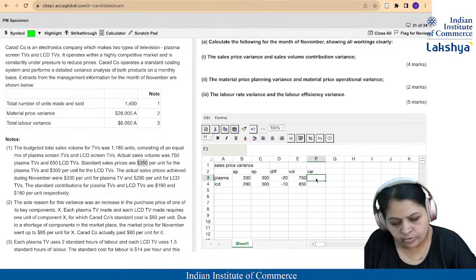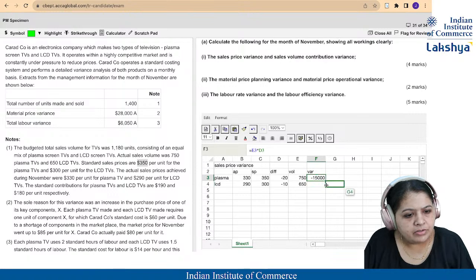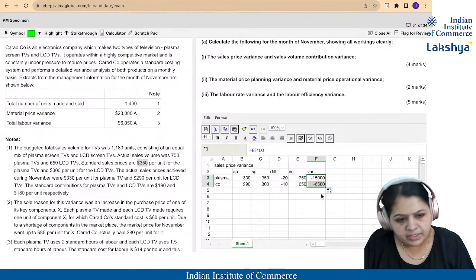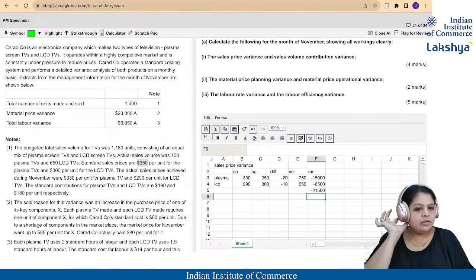The variance is this value multiplied by this value, and I can just drag the formula down. Then I add this plus this, so we get an adverse variance of 21,500 for sales price.